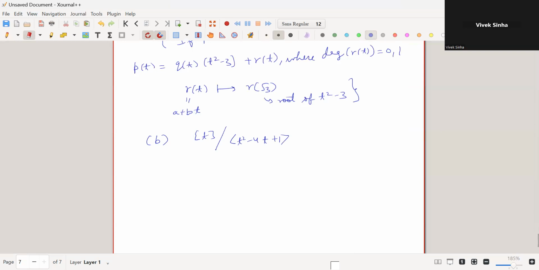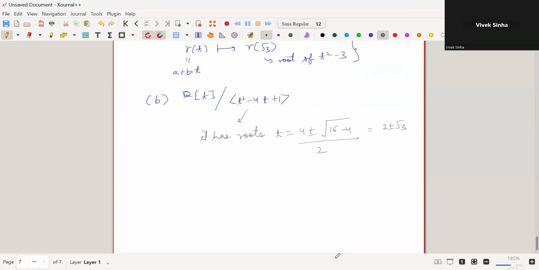So what are the roots of this polynomial? Yes, it has roots 2 plus minus root 3, I think. So we just do this thing: minus b plus minus root of b square, that is 16 minus 4, upon 2. That will be 2 plus minus root 3, right?